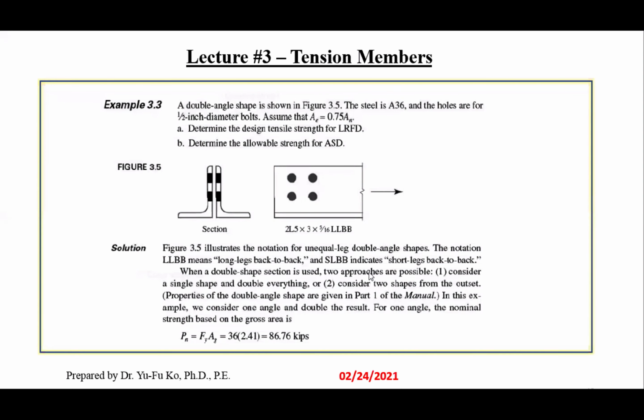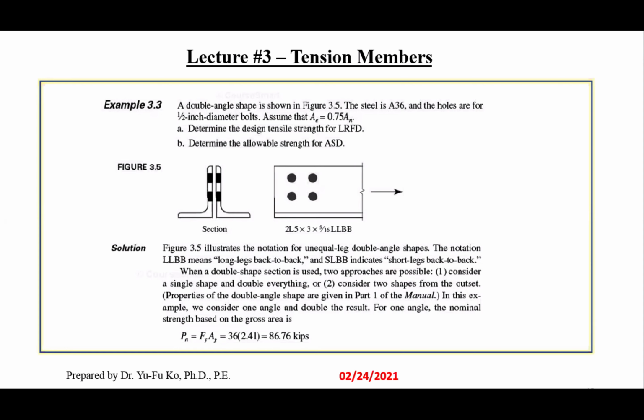If you see double angle, you have two approaches. You can either just consider single angle calculation and double the result in the end, or you can consider double angle section property in the beginning and carry out your calculation.